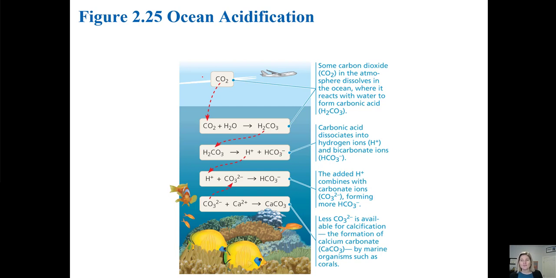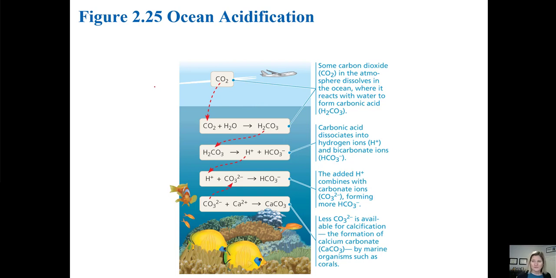And so as the ocean becomes more acidic, we're making it less available to build our shells through the lack of calcium carbonate. And so this is going to affect how our aquatic ecosystems are forming if the water becomes too acidic.